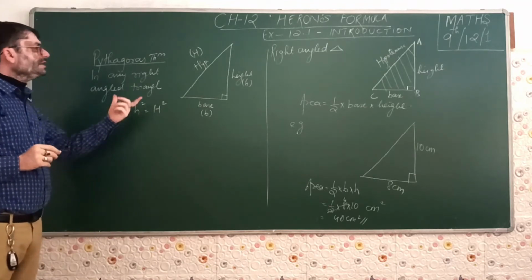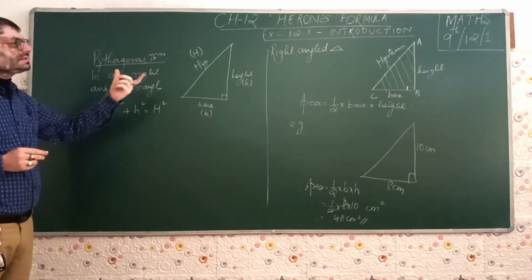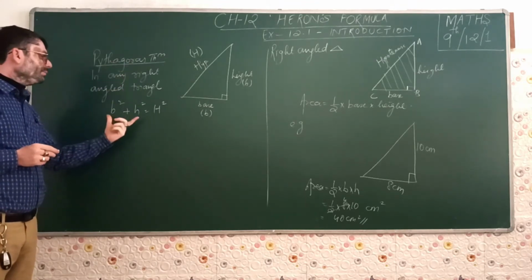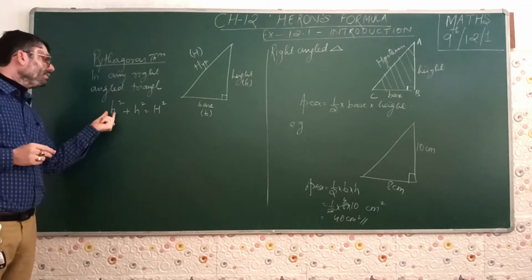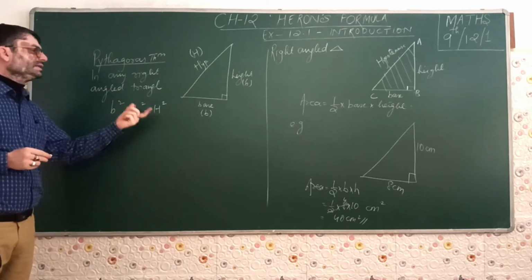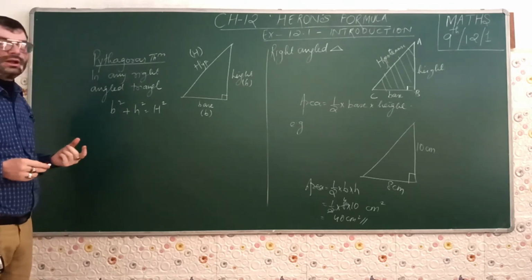If two sides of a triangle are given, the third side can be found using Pythagoras theorem, which is given by the base square plus the height square equals the hypotenuse square.